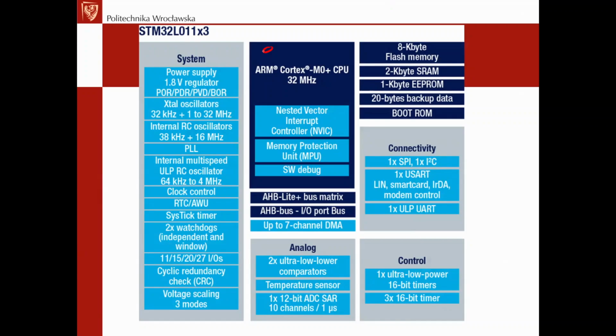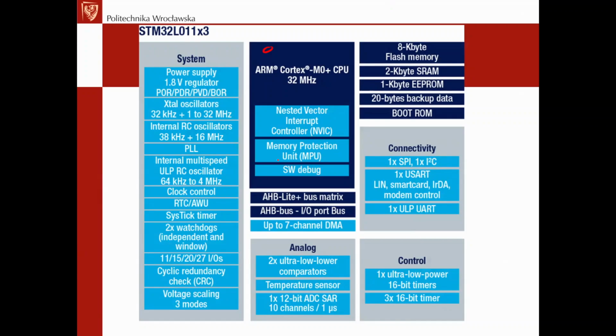We talk here about the M0 Plus only, with only 32 megahertz. This is faster than the ARM or Microchip 8-bit constructions, as well as the 16-bit Microchip constructions, which are weaker than this, because we talk about a simplified 32-bit core, but it's not very fast, because it's just M0 at 32 megahertz.